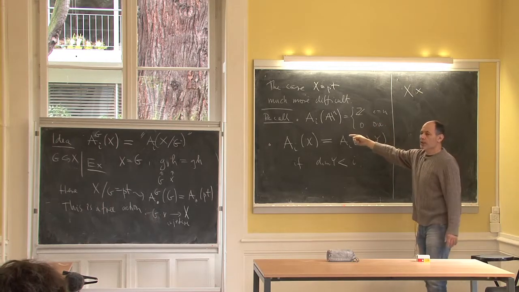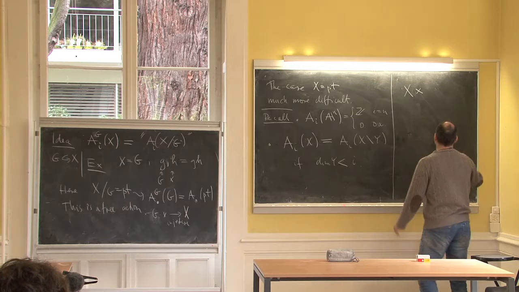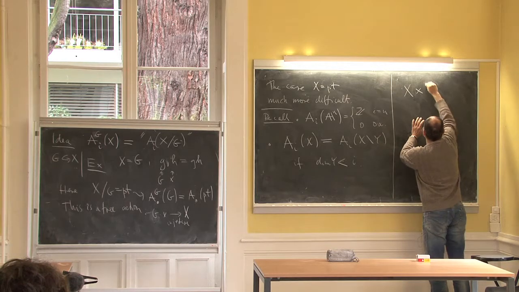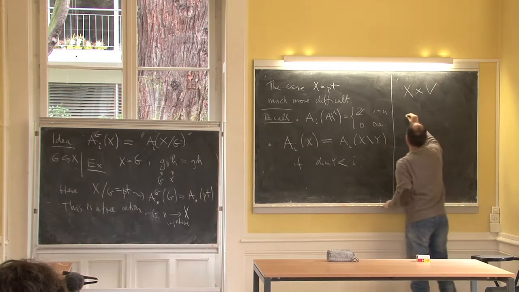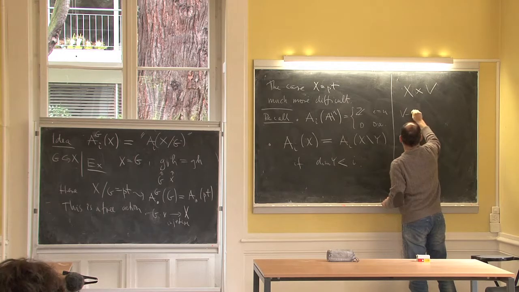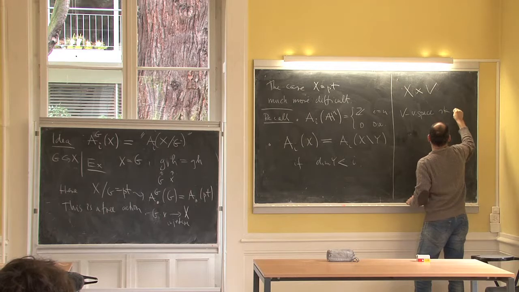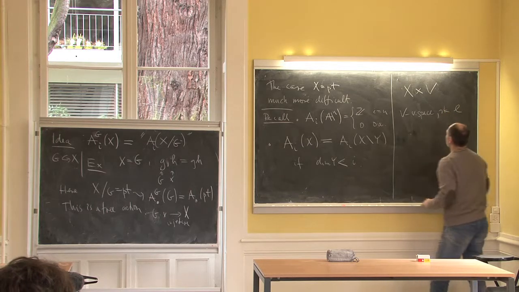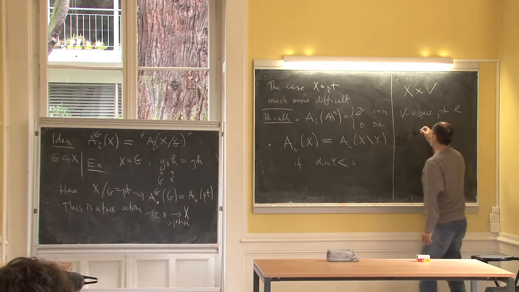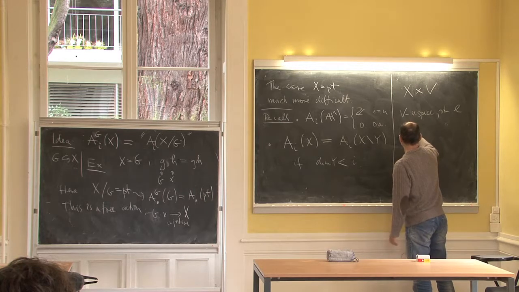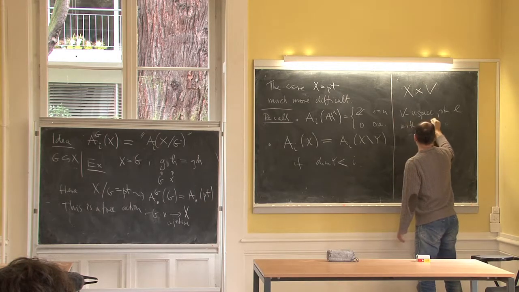You can assume it's actually one of these linear things. So you just multiply it by some subset, some V. So V is a vector space of rank L, with a T action, with a G action.